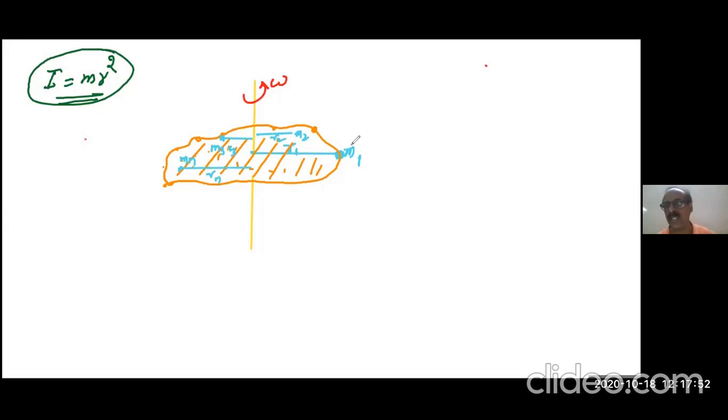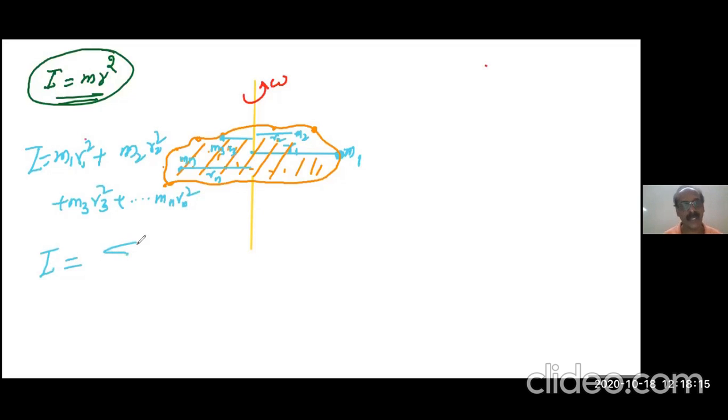Then the total moment of inertia I is equal to m1 r1 squared plus m2 r2 squared plus m3 r3 squared plus mn rn squared, or mathematically we can write sigma, which means addition, of m_i r_i squared, where i goes from 1 to n. First substitute 1, then 2, 3, 4, and so on until n. Then add everything. That's the meaning.